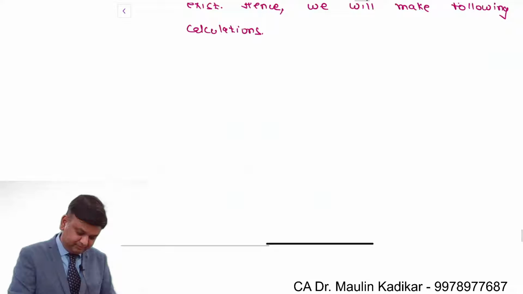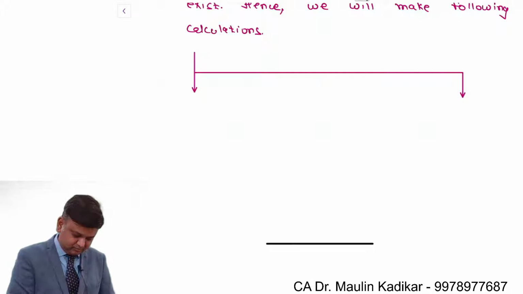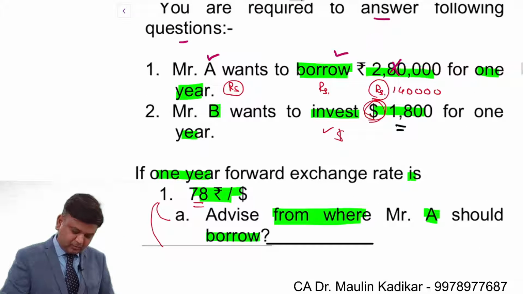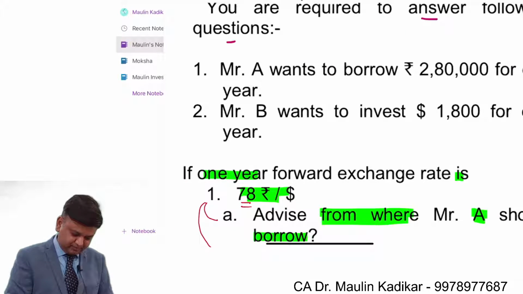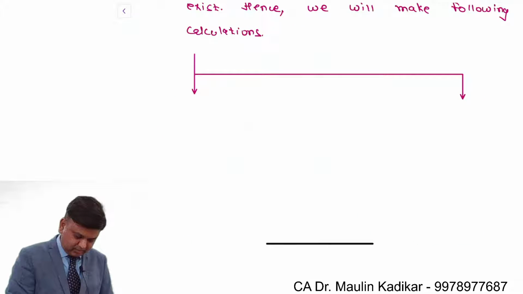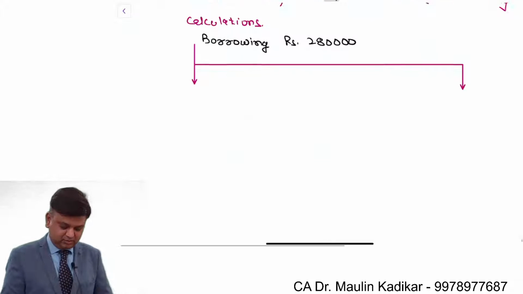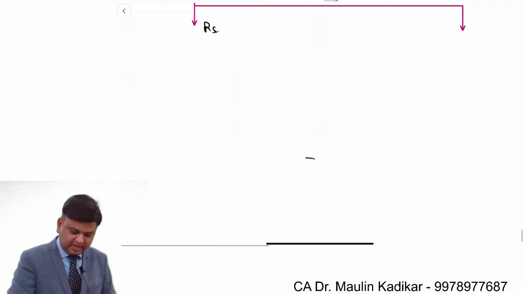In that write down, you want to borrow 2,80,000 rupees. So borrowing rupees 2,80,000 in rupee currency and in dollar currency.